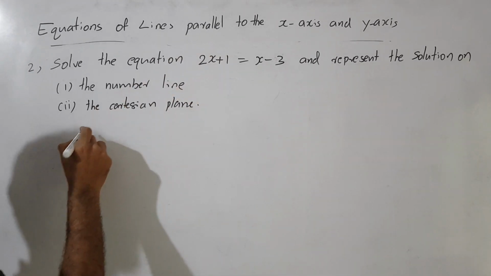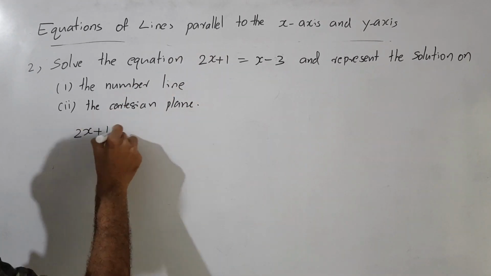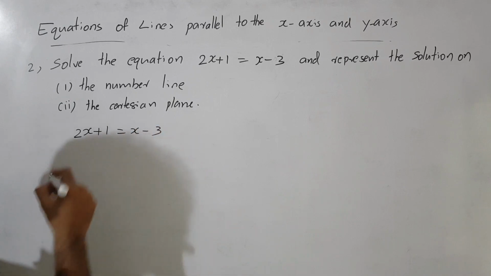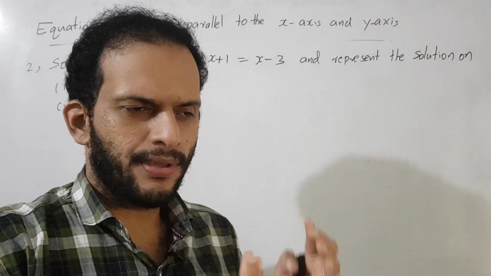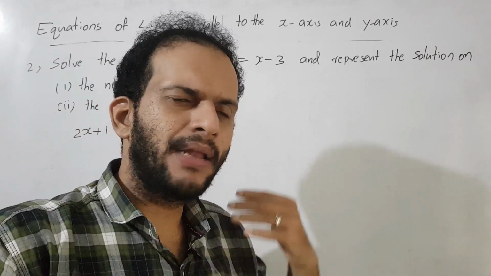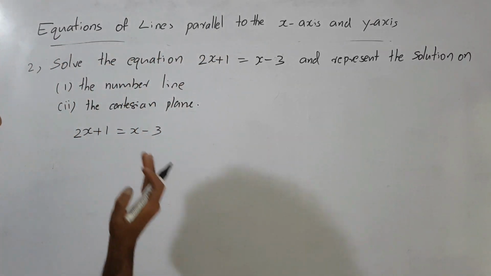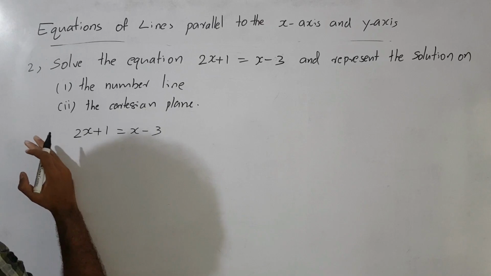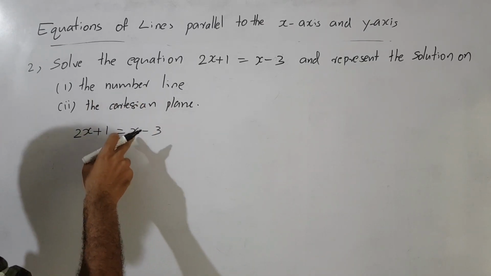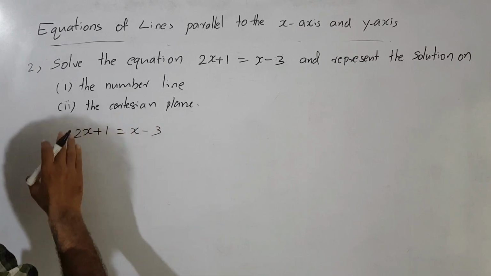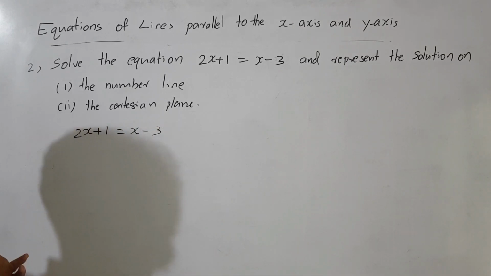Then first we are writing the equation 2x plus 1 is equal to x minus 3. We know how to solve this, correct? We take the variables on one side and numbers on the other side. We transpose variables to one side and numbers to the other side. I am transposing x from RHS to LHS. Why? Because 2x is bigger.